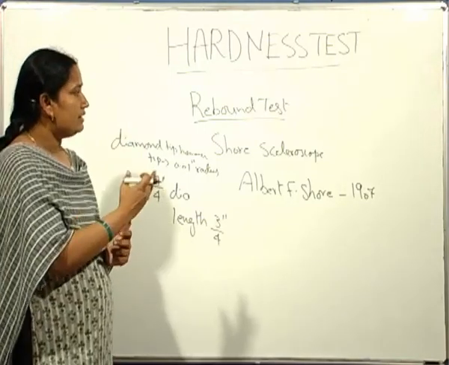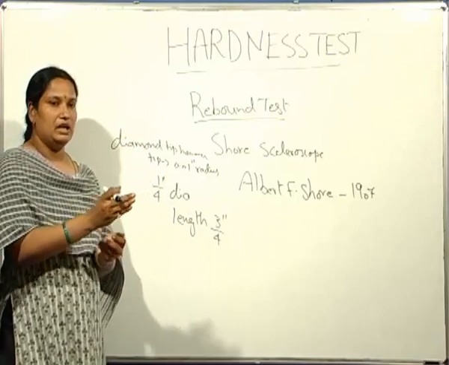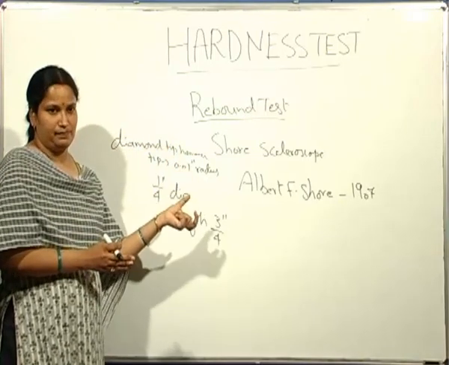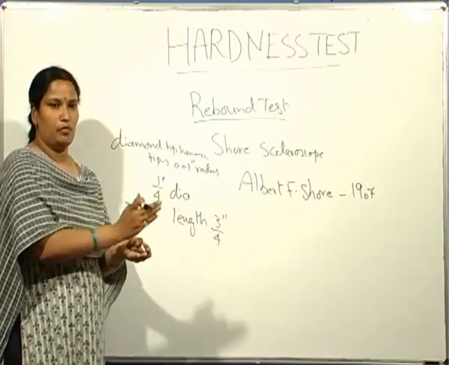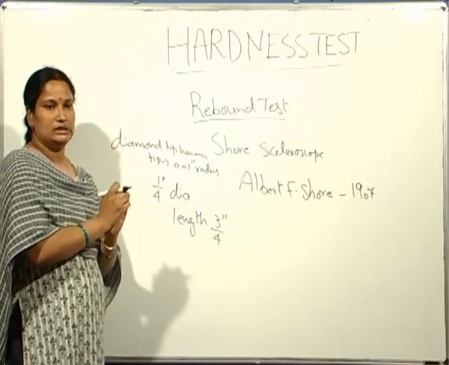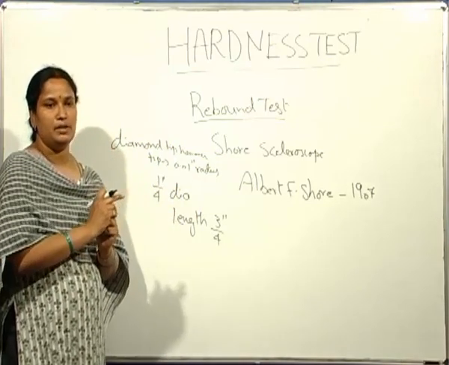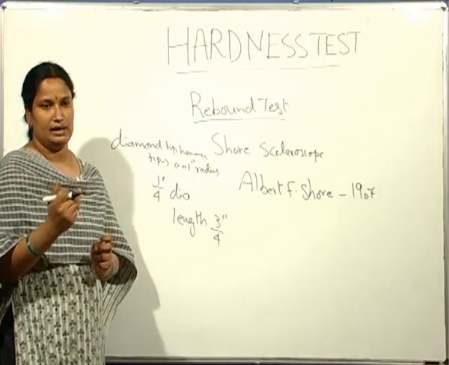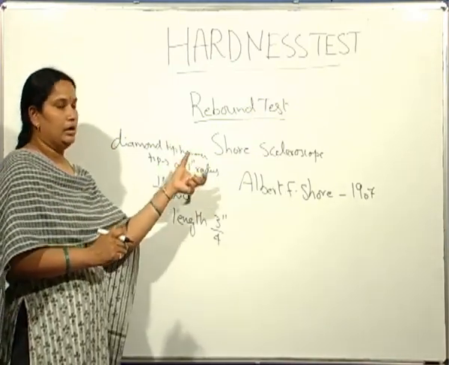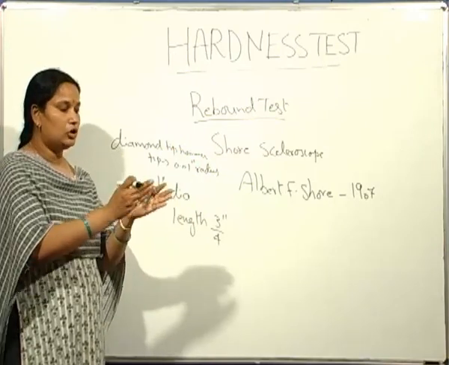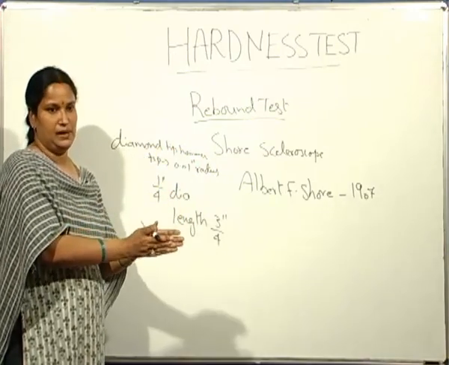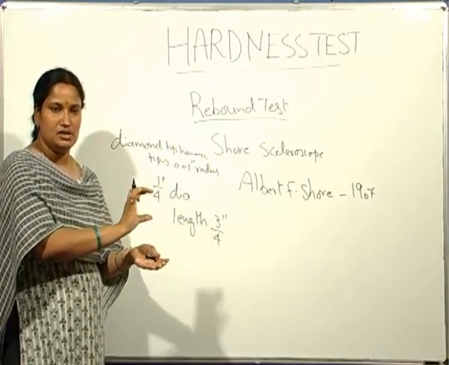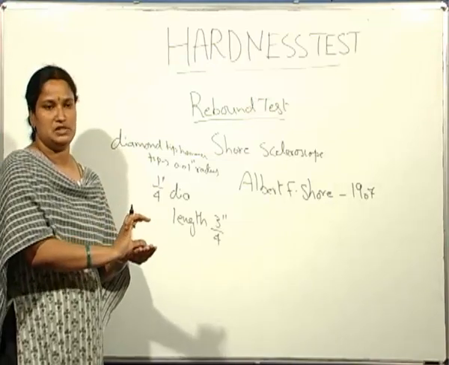But the hardness cannot be determined from only one rebound. One cannot determine that this is the hardness of that material. A number of measurements have to be conducted. The rebounds are not on the same place where the hammer strikes or falls on the specimen.